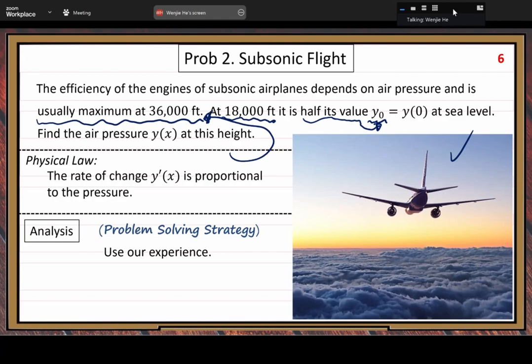So this time we have 8.1. So we can borrow the experience from 8.1 immediately. All right. So this is the equation. There is a C constant. Could be positive, could be negative. If it's negative, then decay. Positive, increasing.